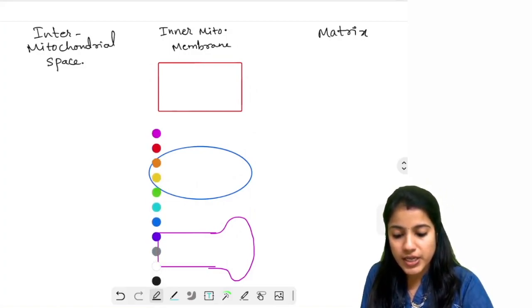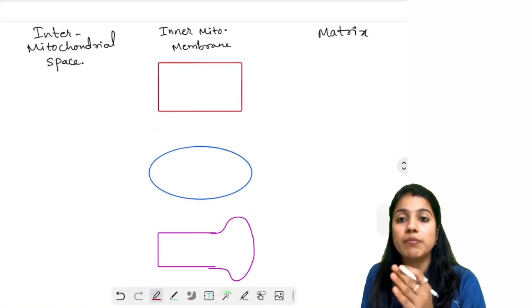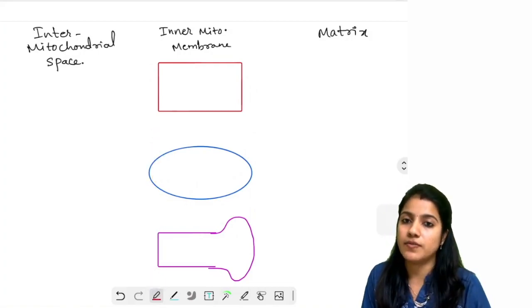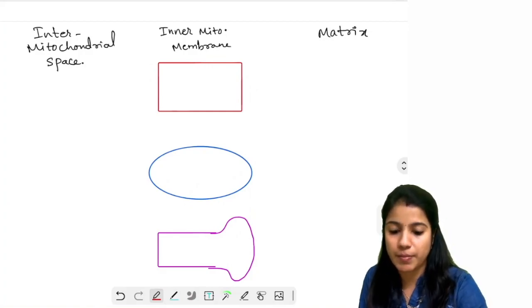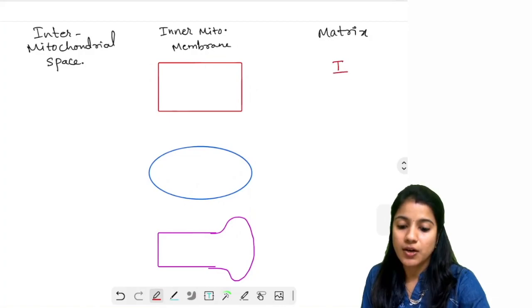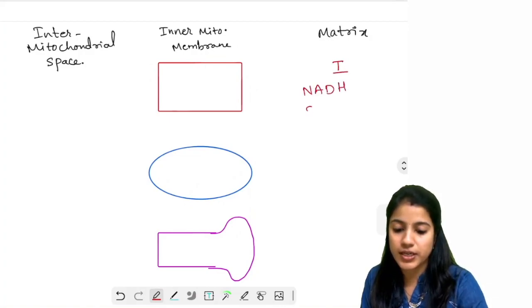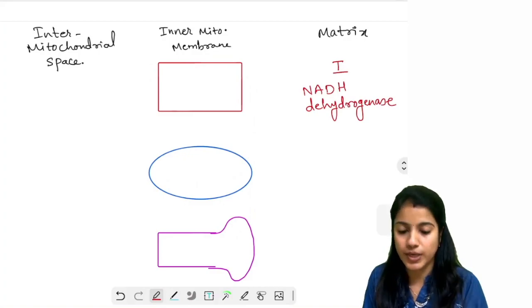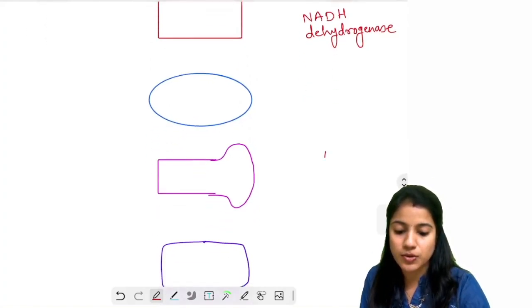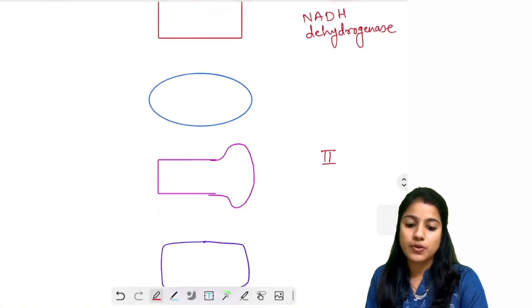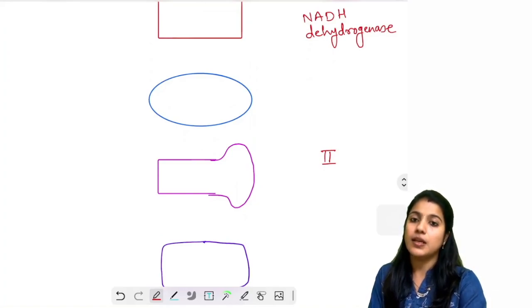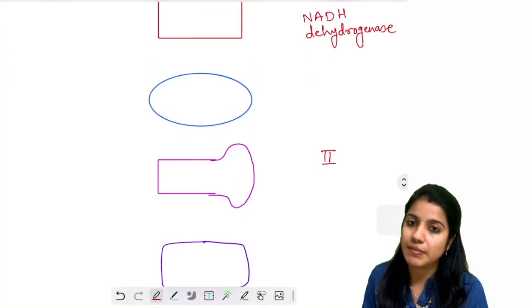Now, regarding each and every complex, the name of the complex and the components of the complex are important to remember. So, let's see. This is complex 1, which is NADH dehydrogenase. Complex 2: during the Krebs cycle, you know that all enzymes of the Krebs cycle are situated in the mitochondrial matrix.